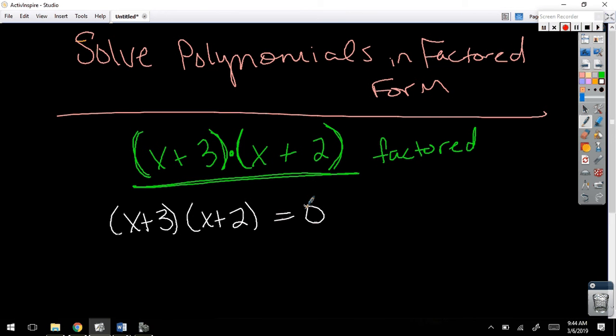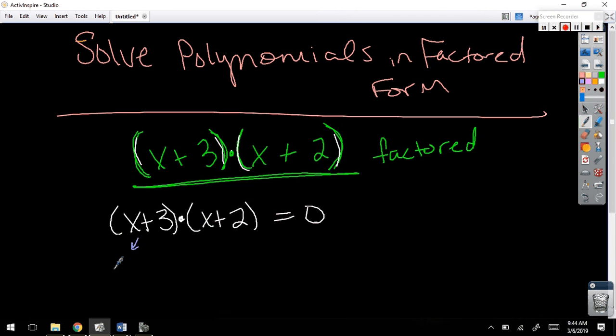Do you agree that I have two things multiplied together to give me 0? You told me I had one parenthesis times another parenthesis, right? So, by the zero product property, when two things multiply to give you 0, one or both of them must be 0.